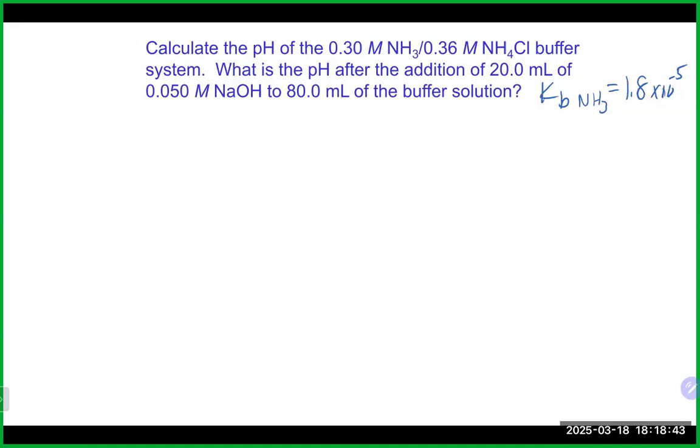All right, so we have a solution that is 0.3 molar ammonia and 0.36 molar ammonium chloride. What is the pH before and after you add 20 milliliters of 0.05 molar sodium hydroxide to 80 milliliters of this buffer? In this particular case, we are not keeping the volumes constant, so you need to kind of figure that stuff out along the way. So we're looking for two answers here, pH before and after.